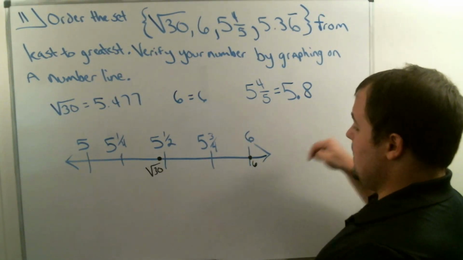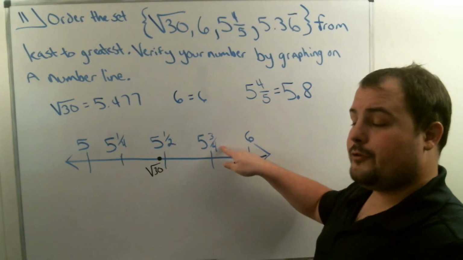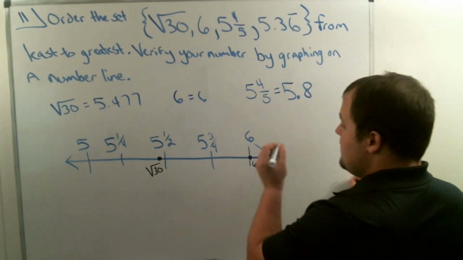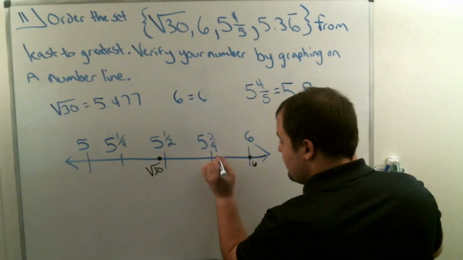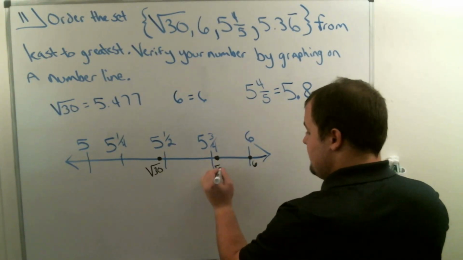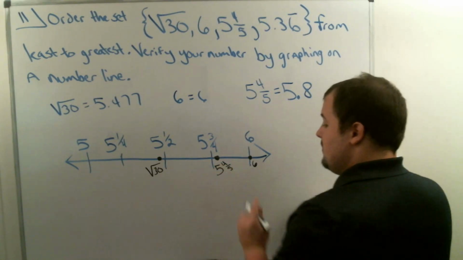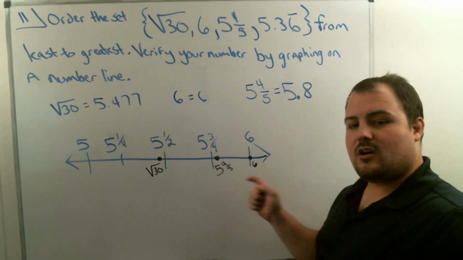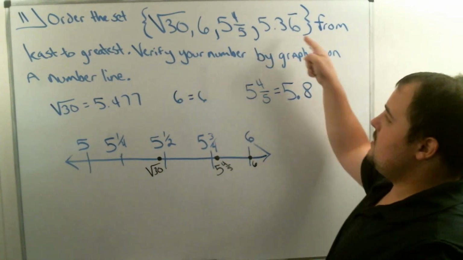This is 5.8. Well, I know that 5 3/4 is 5.75, so 5.8 would be just a little bit in front of it. So I'm going to call this 5 and 4/5. Now notice when I'm writing the numbers back on the number line, I'm putting them back in their original form.